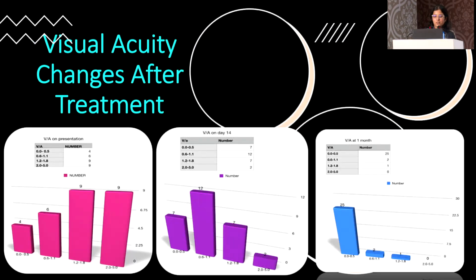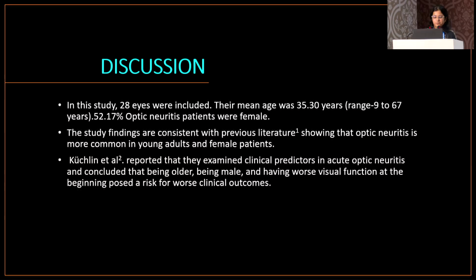The visual acuity changes before and after treatment were measured by logMAR acuity. 25 eyes had 0.05 better vision. In this study, 28 eyes were included. Their mean age was 35.34 years and 52.17 percent of optic neuritis patients were female.